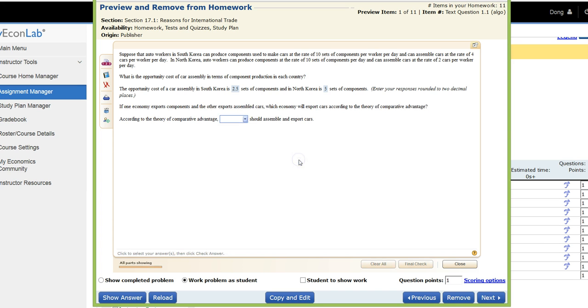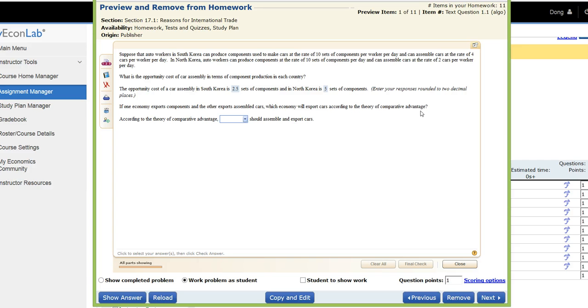Nice work. So the second part of the question is, if one economy exports components and the other exports assembled cars, which economy will export cars according to the theory of comparative advantage?